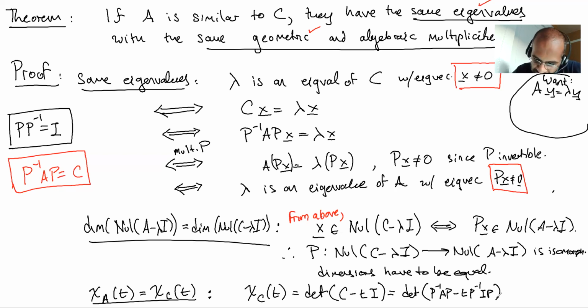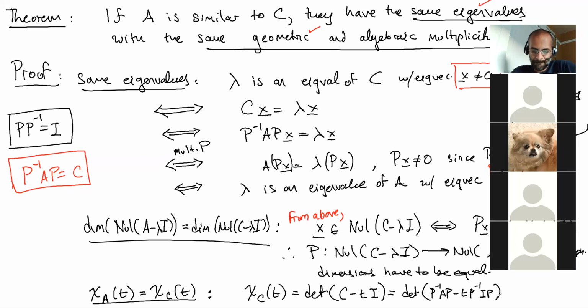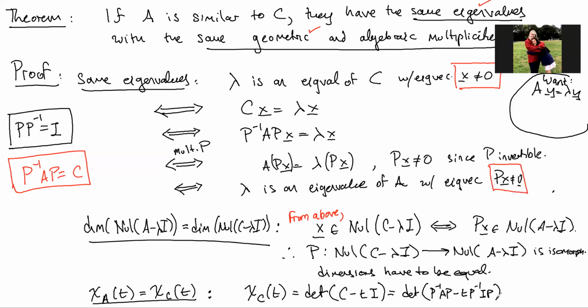Question: why do you have to multiply P by P inverse if that's equal to the identity matrix?